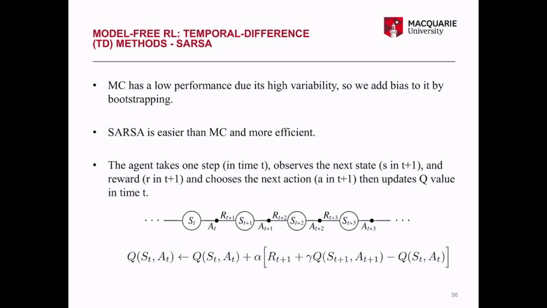So we add bias to it by bootstrapping, right? It's biased because it's based on our prediction. What we're doing is that we're stabilizing it based on our current approximation. Our approximation is like our line in regression, right?